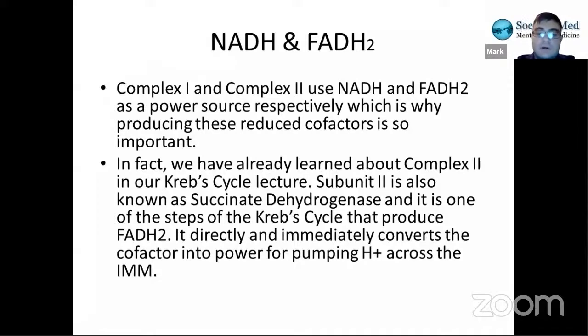Again, it directly and immediately converts the cofactor into power for pumping protons across the inner mitochondrial membrane, and that's the role of both complex 1 and complex 2. They use these NADH and FADH to pump protons, or H+, across the membrane from the matrix to the intermembrane space, and it's essentially like an active pump.